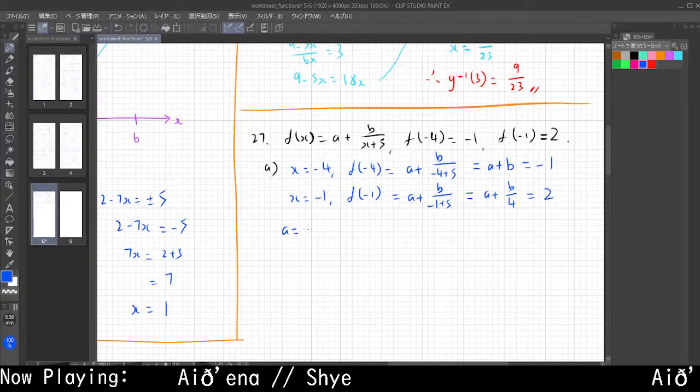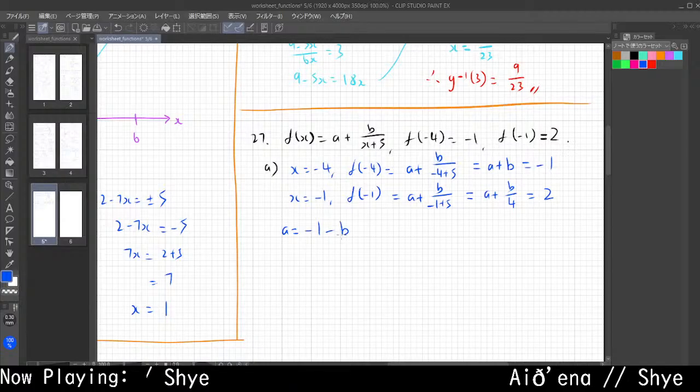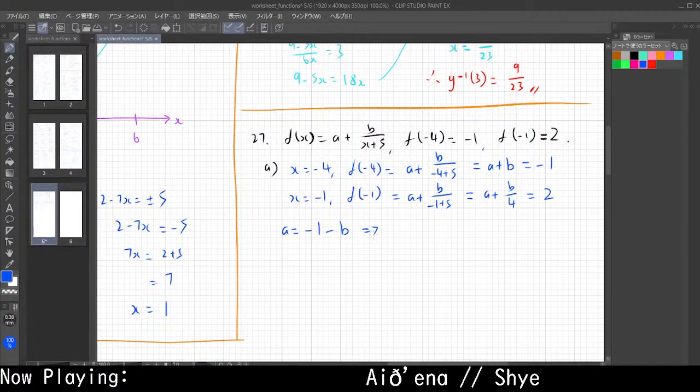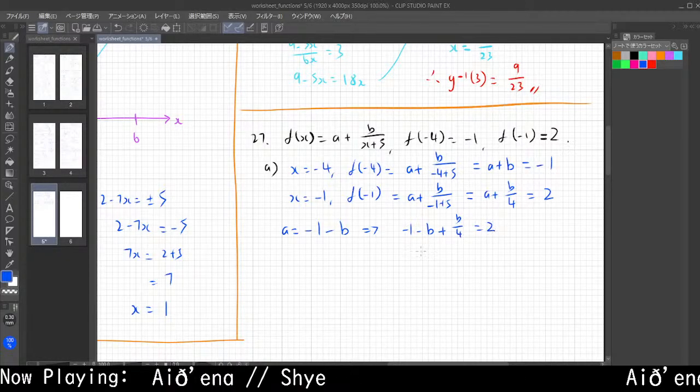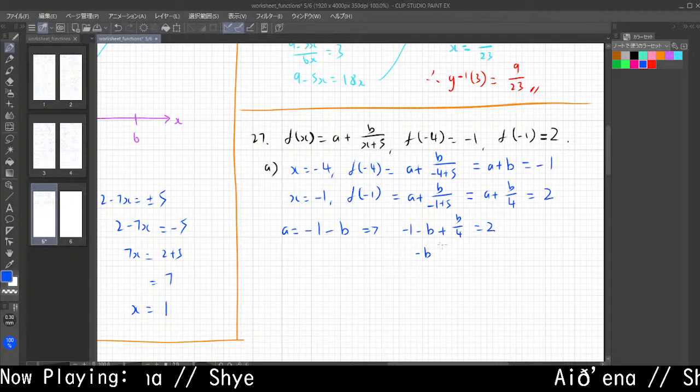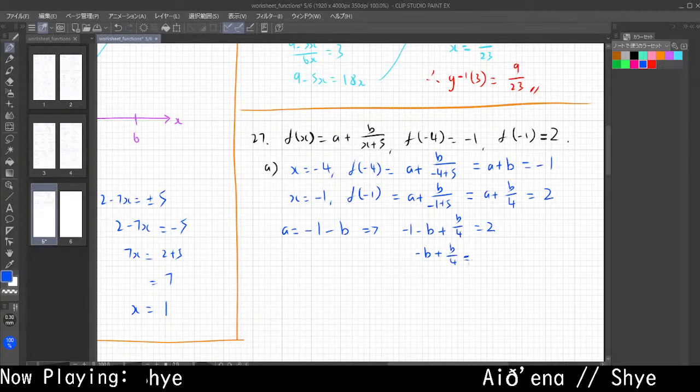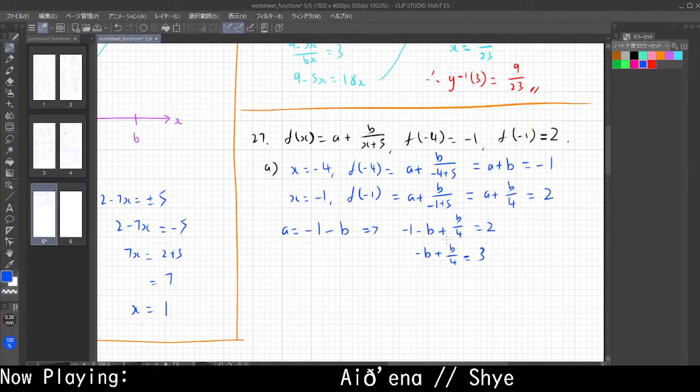So a is equal to -1 minus b. Substitute into the other one. So I get -1 minus b plus b over 4 equals 2. Negative 1 moves over and becomes plus 1. 2 plus 1 is 3.